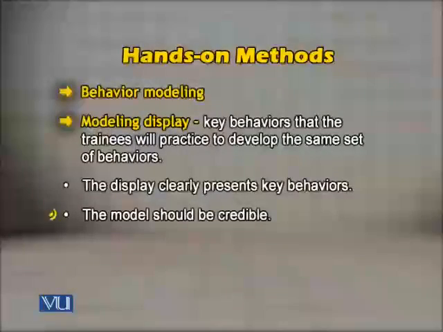So your modeling display should show those key behaviors and there shouldn't be any specific distractions. So the colors should not be very bright, and the music should not be very loud, and the person should be clearly speaking.